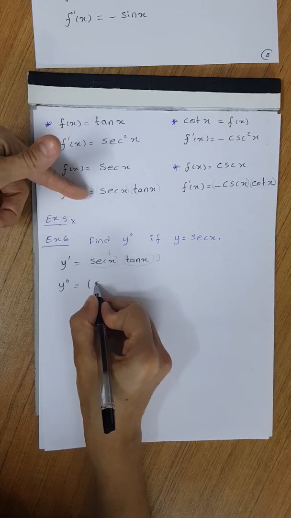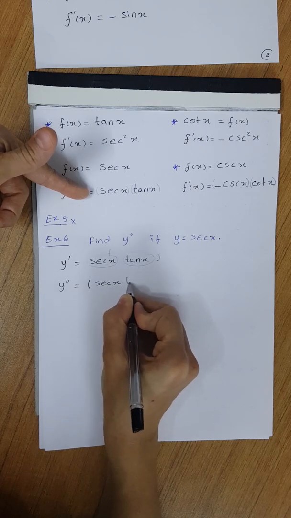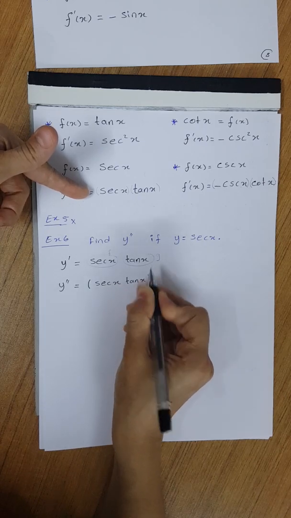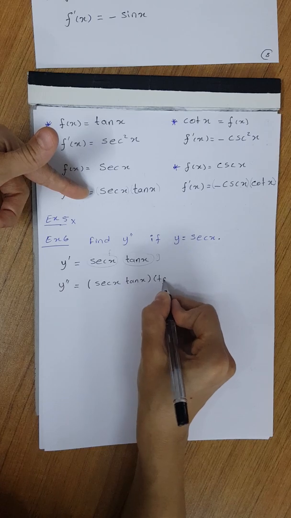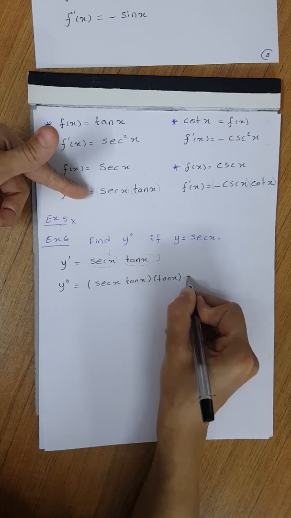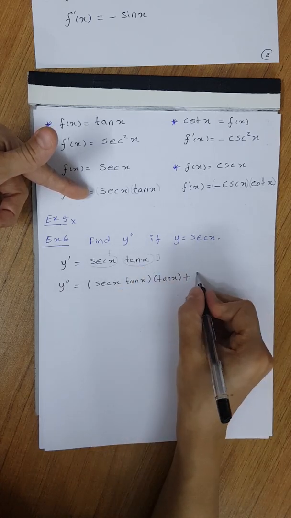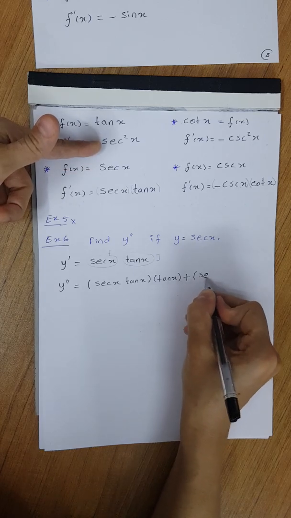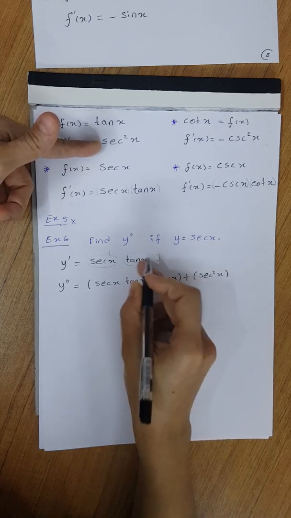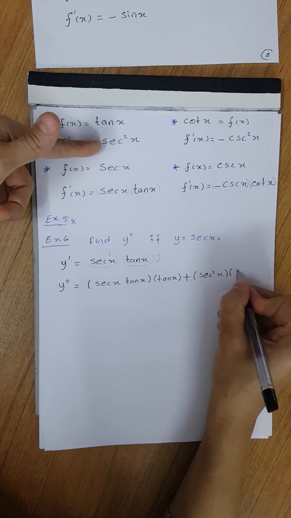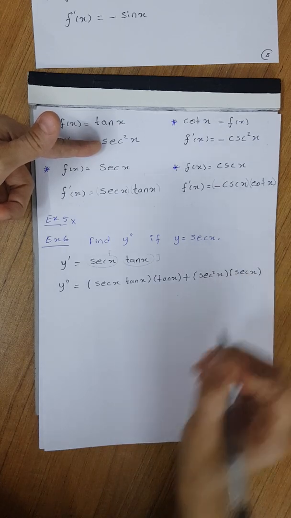The secant function, that is secant x tan x, multiplied with g, that is tan x, plus the derivative of g. What is the derivative of tan? That is secant squared of x multiplied with the first one, secant of x.